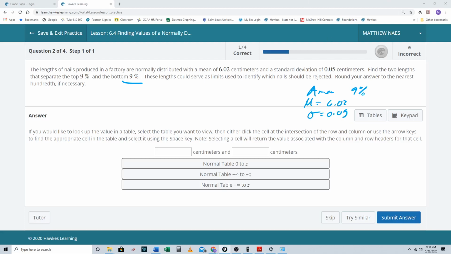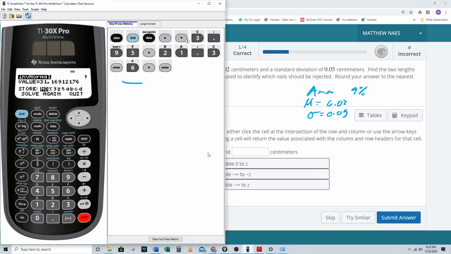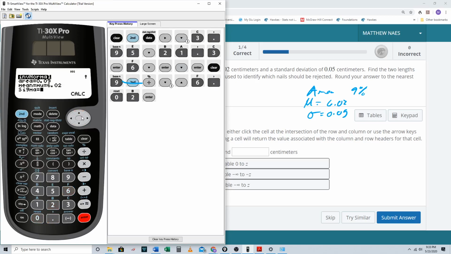So let's type that in our handy dandy calculator. Solve again. So yeah, area was 9%, so let's clear that. We had 9 percent. And again, once you press down, it's going to change it to a decimal, 0.09. Mu was 6.02, and sigma is 0.05, and go to calculate. 5.952.